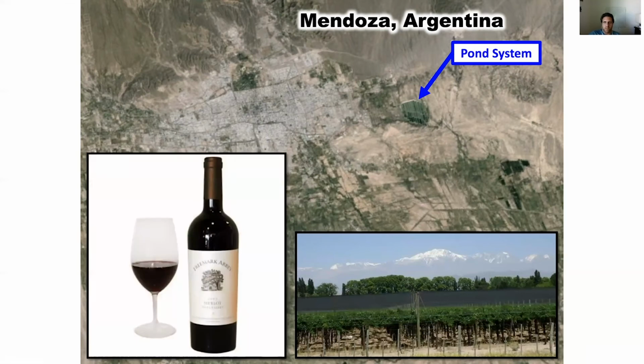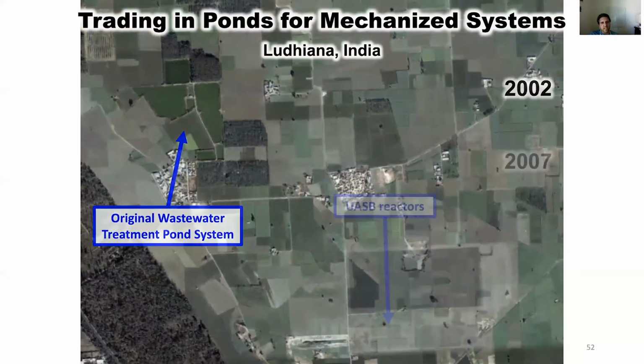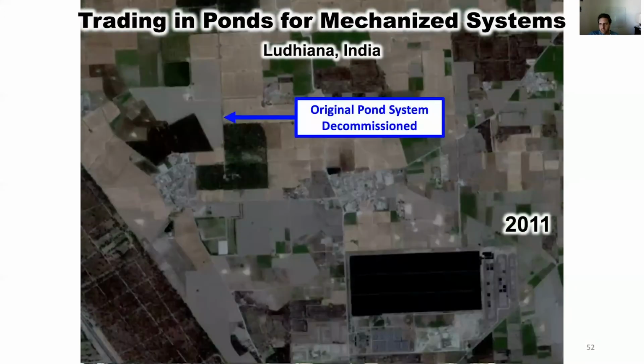And if you're familiar with Mendoza, you know that it's a wine producing region. It's very productive in terms of high quality wine products. So it's an example here of using wastewater reuse with a natural system to convert wastewater into wine, essentially. All right, so when you think of wastewater treatment system design, you want to think of sustainability as one of the priorities, right?